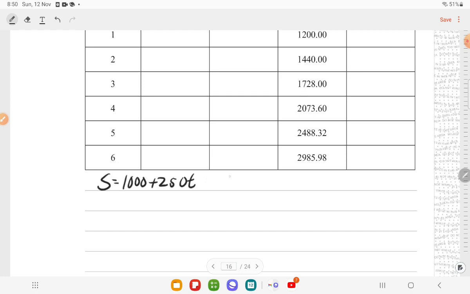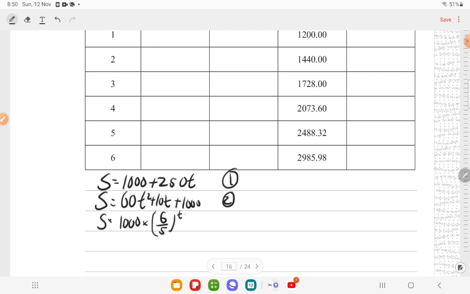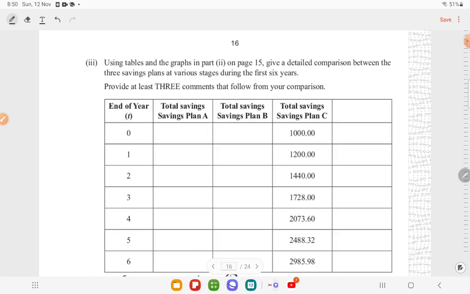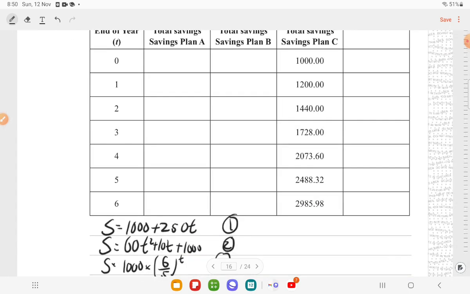This is for 1. S equals 60T squared plus 10T plus 1,000 for 2. And S is equal to 1,000 times 6 over 5 to the T. This is 3. It's A, B, and C, doesn't matter.